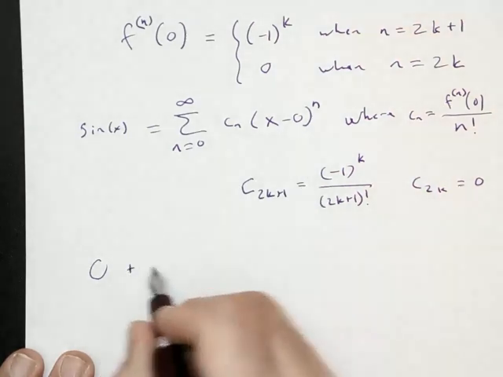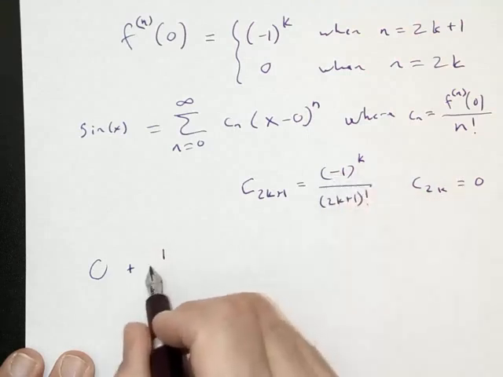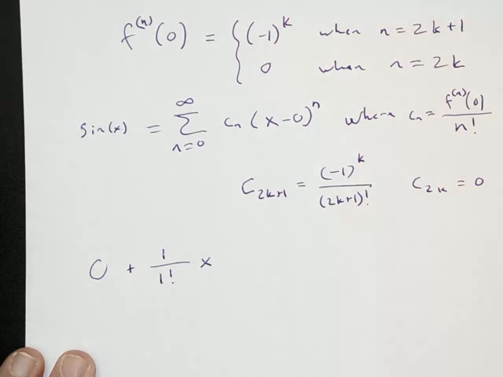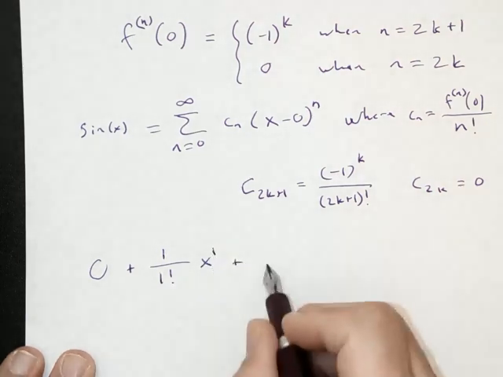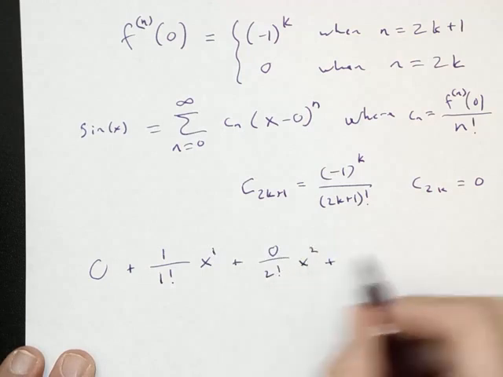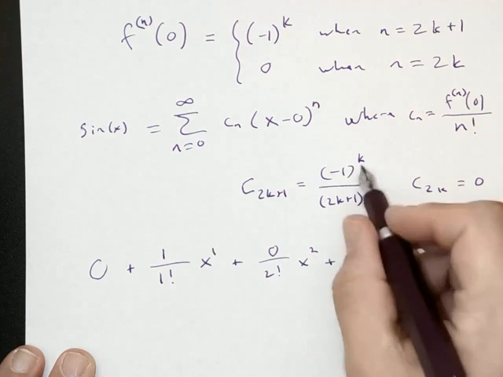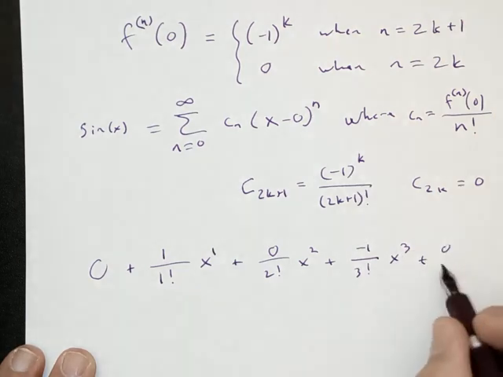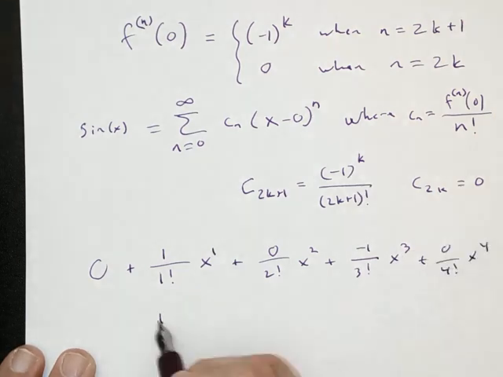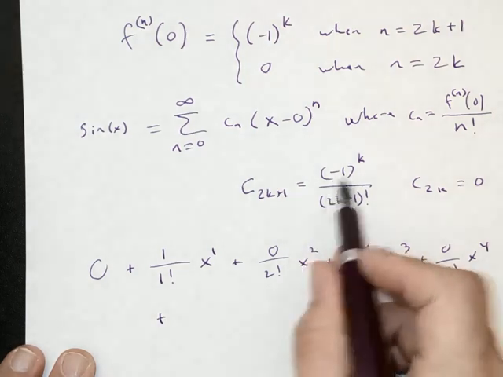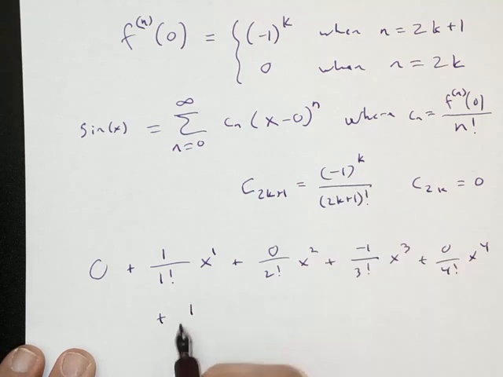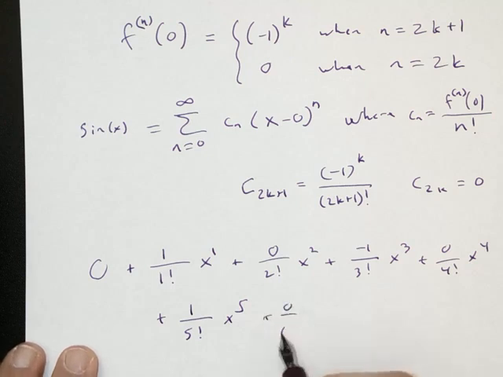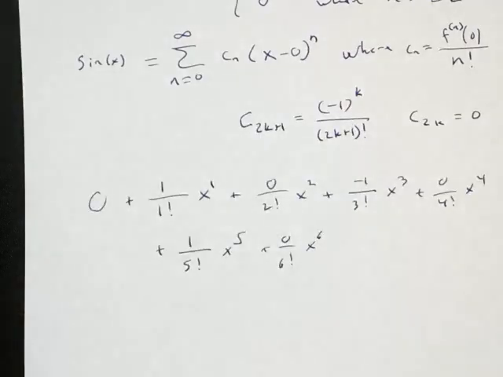Then here, I get negative 1 to the 0 over 1 factorial x to the first plus 0 over 2 factorial x squared plus negative 1 to the third, which is negative, over 3 factorial x cubed, 0 over 4 factorial x to the fourth, negative 1, that's going to be plus over 5 factorial x to the fifth, 0 over 6 factorial x to the sixth, and so on, right? So only the odd numbers end up mattering.